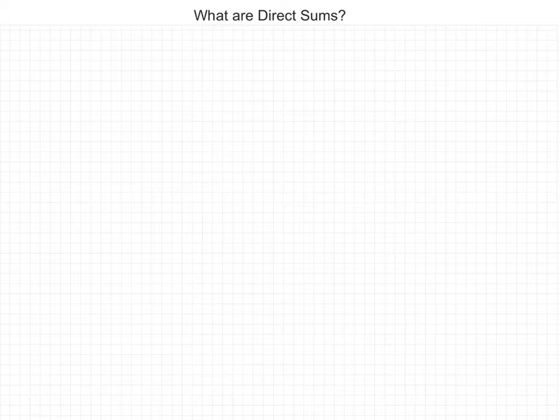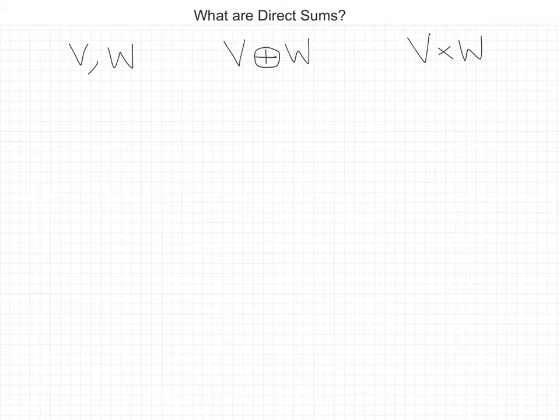So if you take two vector spaces, let's say a vector space V and a vector space W, over the same field, then there is this vector space defined, V plus W. The underlying set is V cross W, and addition and multiplication by scalars are defined component-wise. This is what we consider to be the external direct sum.